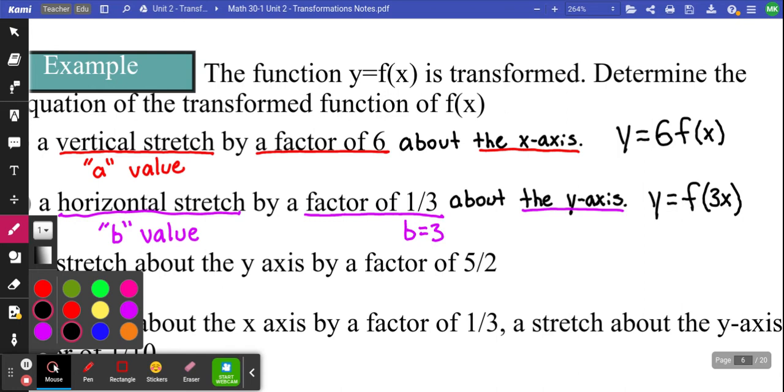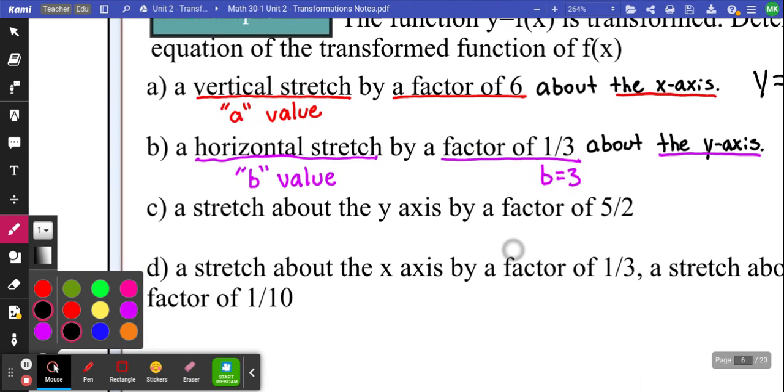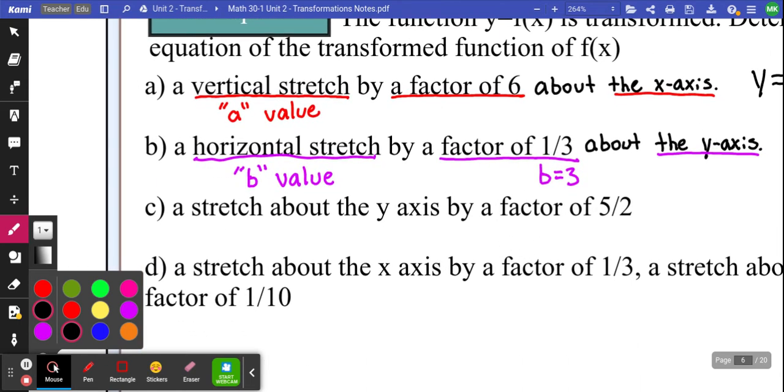Let's do another one. So you have a stretch about the y-axis by a factor of 5/2. Okay, so if I'm stretching away from the y-axis, that means I'm stretching horizontally. So this should be called a horizontal stretch.